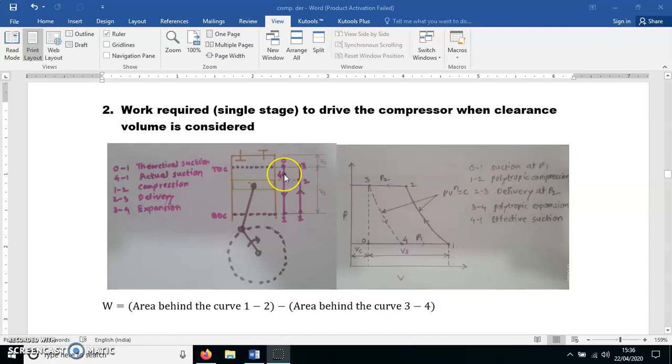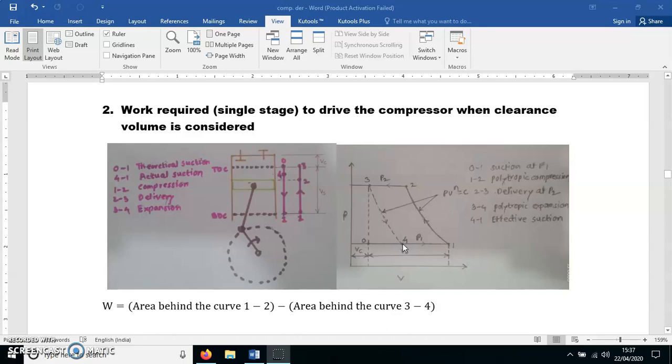So from 0 to 4, the air present here, that is a residual air present in a clearance volume, gets expanded, and that is shown by the process 3 to 4. As 3 and 0 are the same point, 3 to 4 is the expansion of that air, and at point 4 the pressure has dropped below atmospheric.